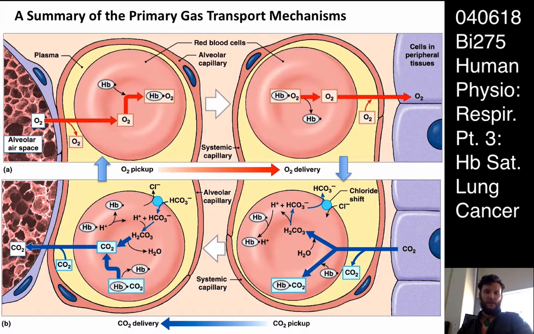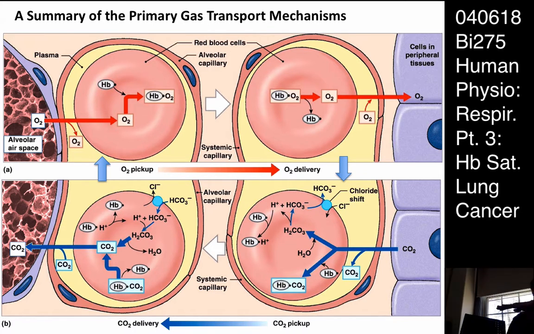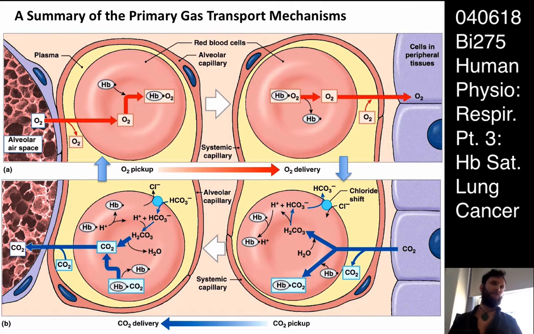So let's summarize gas transport, and as we do so, I'm going to introduce the idea of what to do with all this carbon dioxide. So I've talked about how to get oxygen from the lungs to the cells, and the different things that affect the unloading of oxygen at the cells, the different effectors on hemoglobin. And then I'm going to, at the end of this slide here, talk a little bit about carbon dioxide transport.